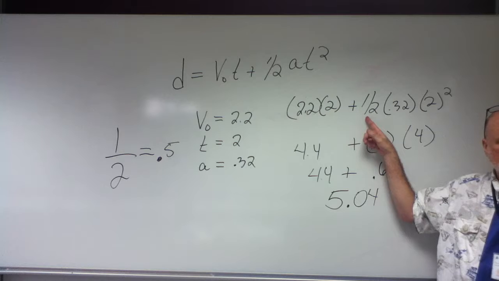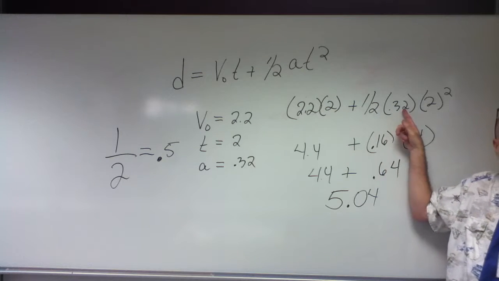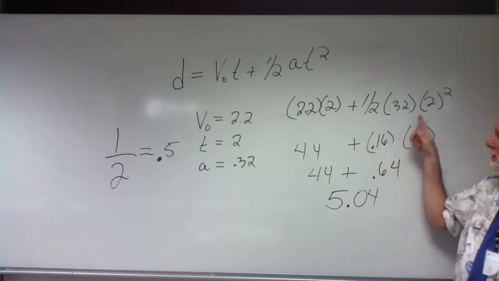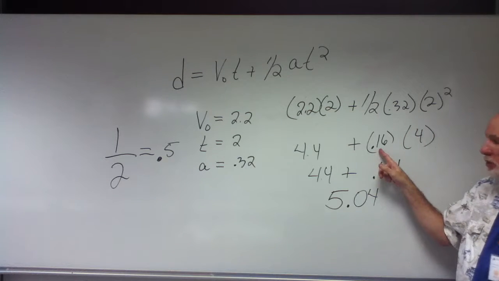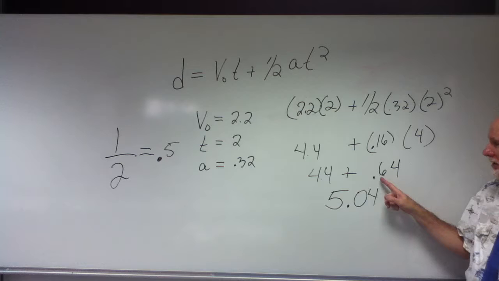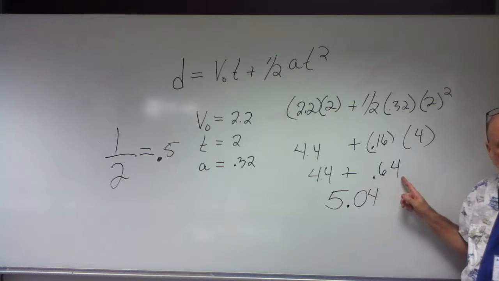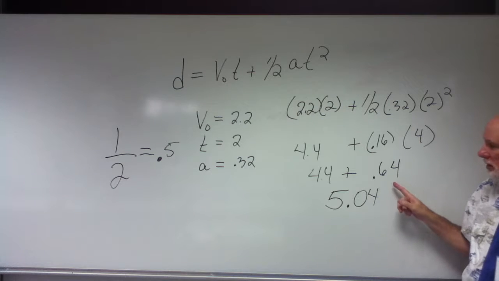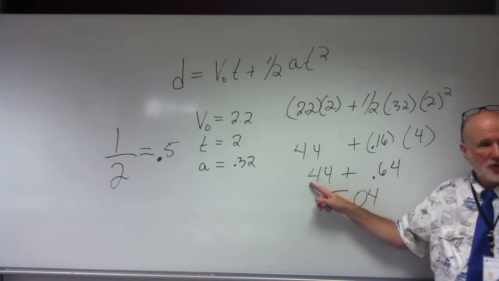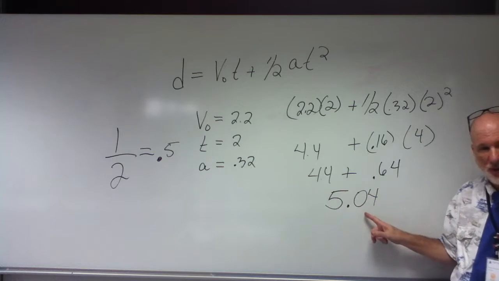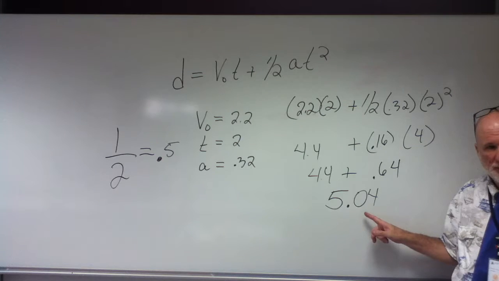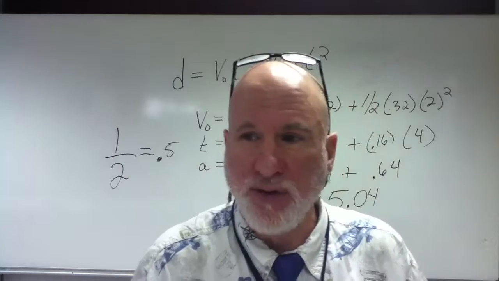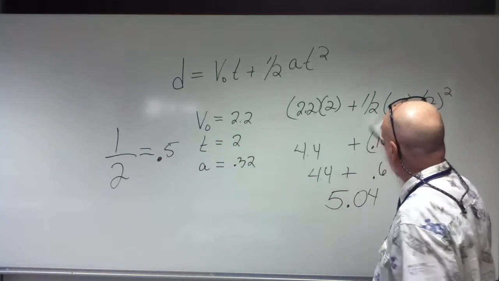I can't use it twice. 1/2 of 0.32 is 0.16, correct? 2 squared is 4. 0.16 times 4 is 0.64. 0.64 and 4.4 is 5.04. Did you get that, Maren? Yeah, I got it. Good. Now, before we move on, let me show you something.